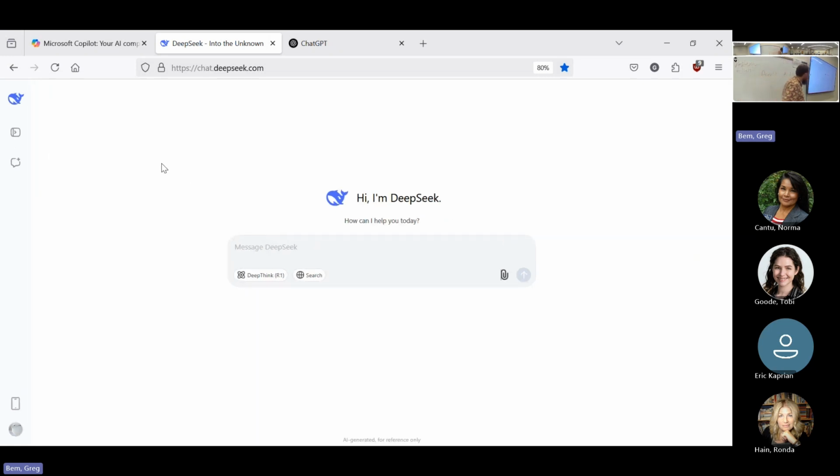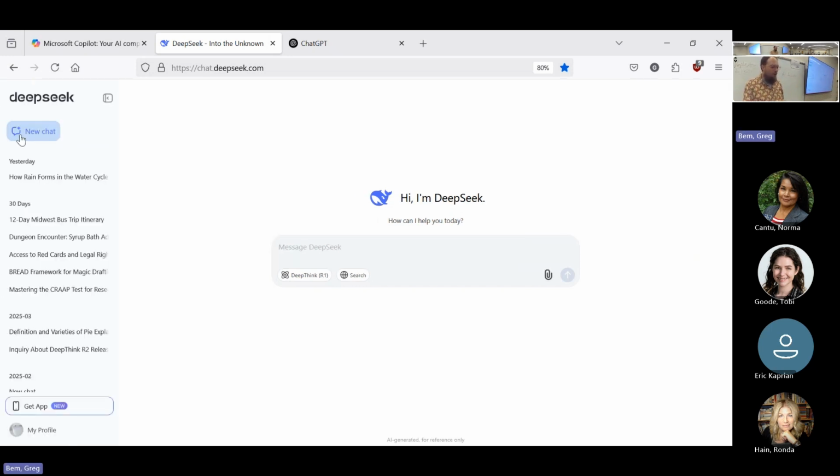You will also notice if you use ChatGPT that the interface looks almost identical to ChatGPT, and a lot of people actually find that very interesting and or controversial. There are a couple other things I want to mention.